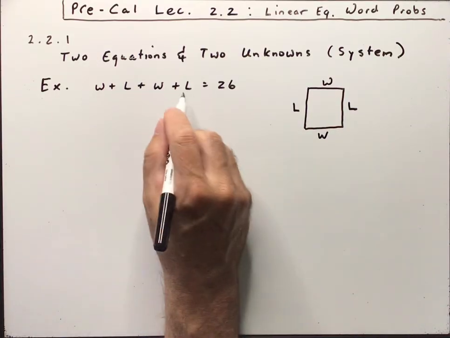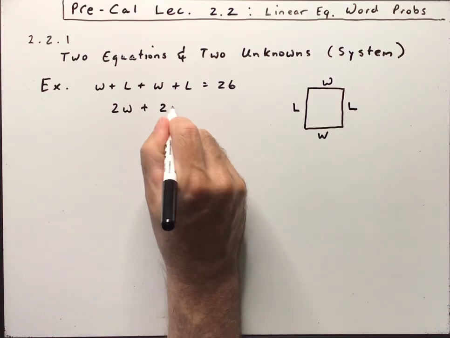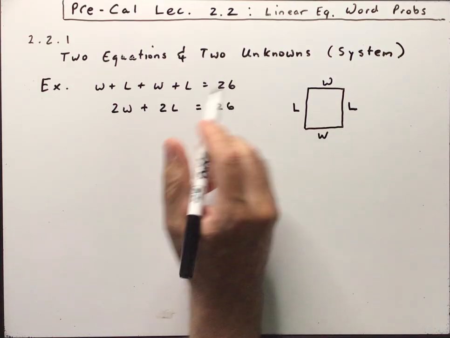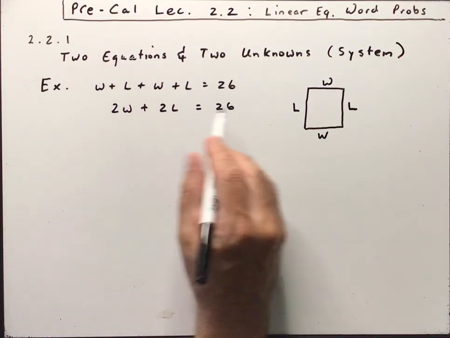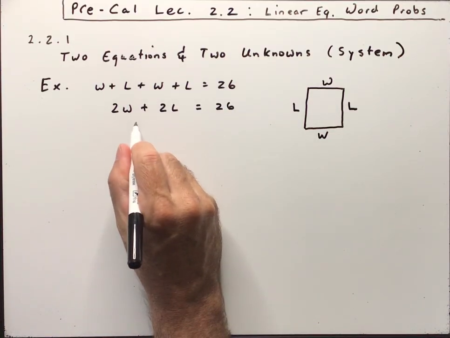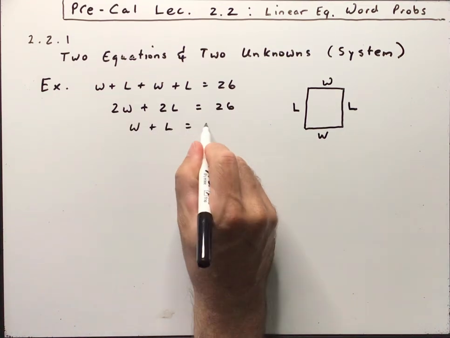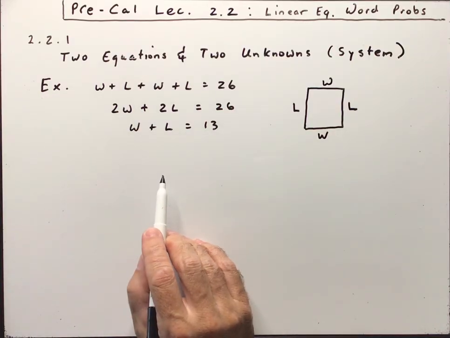An easier way to write that would be 2W, because we've got two of those, plus 2L is equal to 26. And we could simplify that by dividing both sides by 2. So that would be W plus L is equal to 13. And then we're kind of stuck because we have two unknowns there.